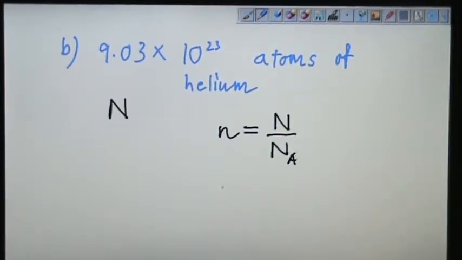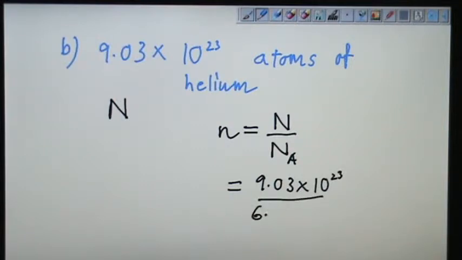So I can write 9.03 times 10 power of 23 divided by 6.02 times 10 power of 23.